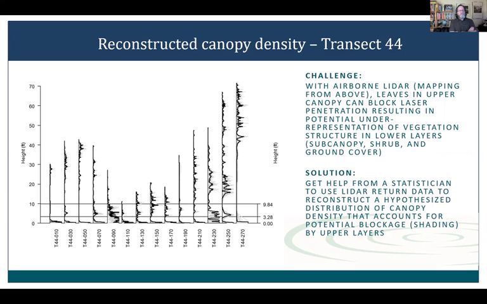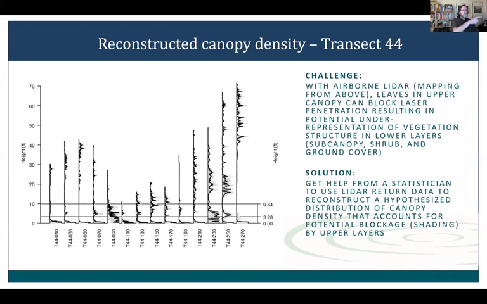In this case, rather than having just biologists try to interpret this, we work with a statistician and use the raw LiDAR data returns to then reconstruct a hypothesized distribution of canopy density that accounts for that potential blockage of shading by the upper layers.